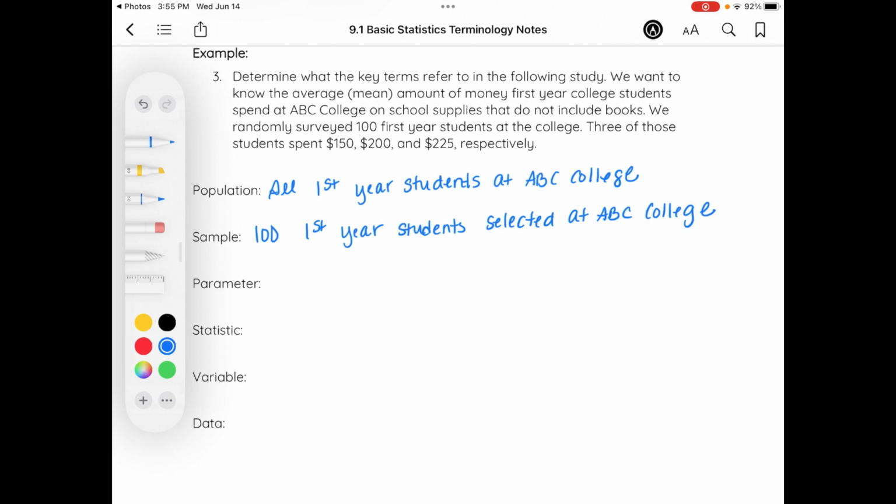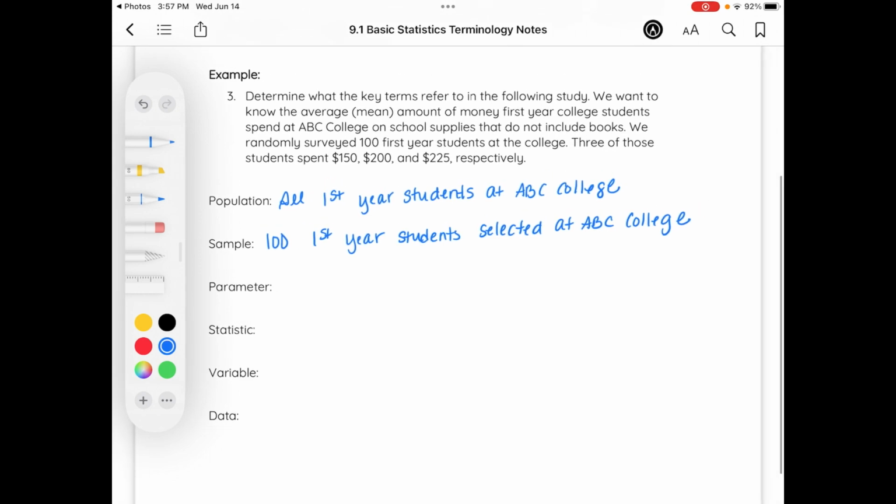The parameter: what are we specifically looking for? From our population, remember population and parameter go together.